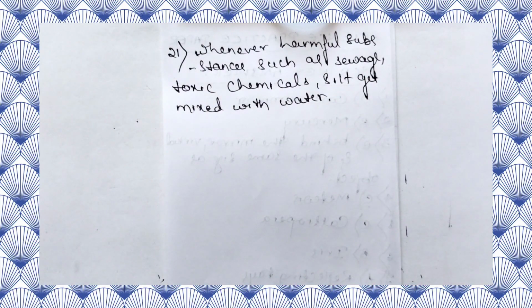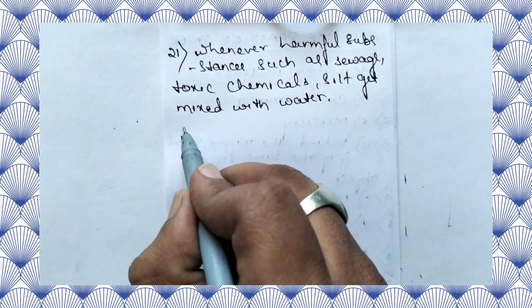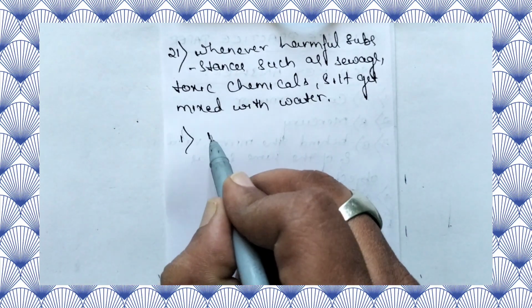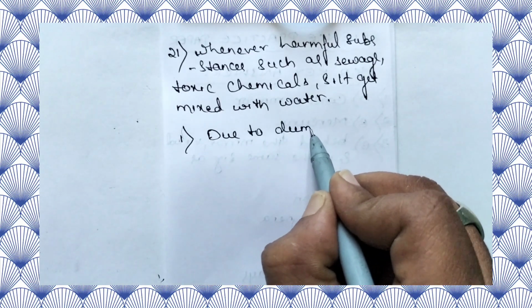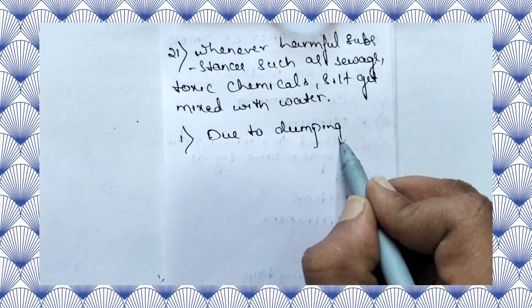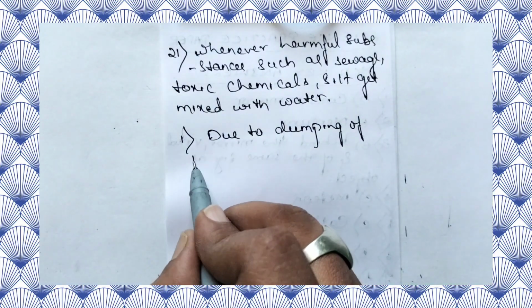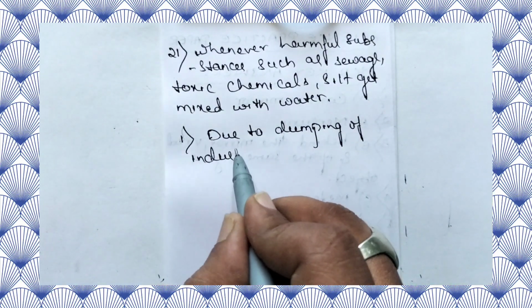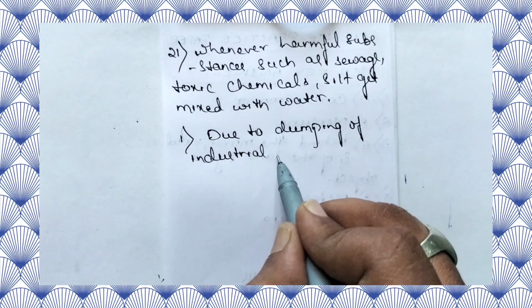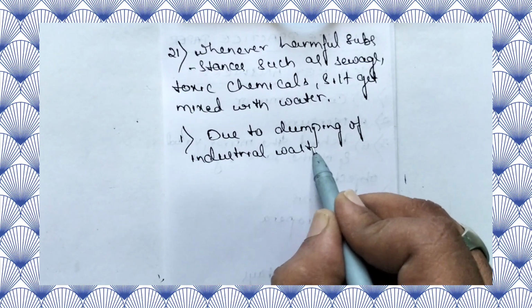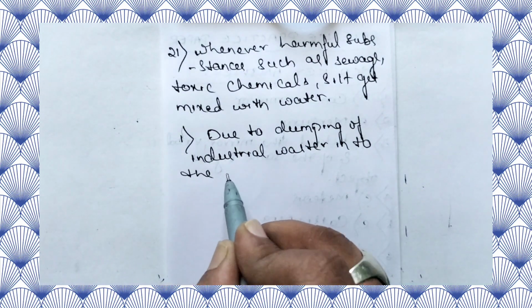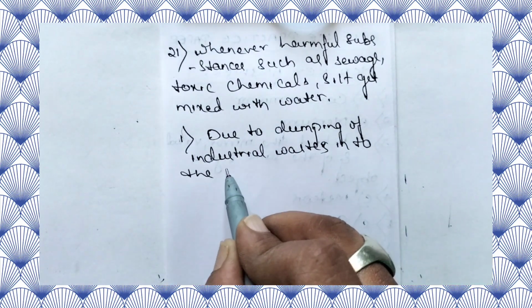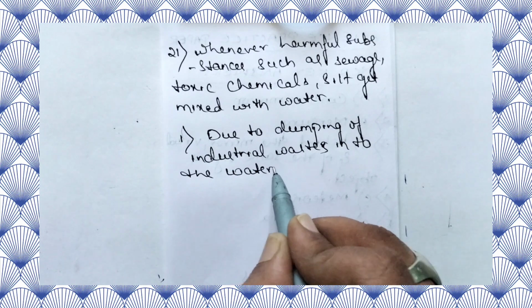Now, write any two ways that cause water pollution. Water pollution is caused due to dumping of industrial waste into the water bodies.